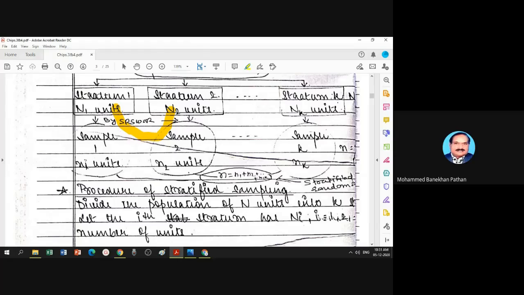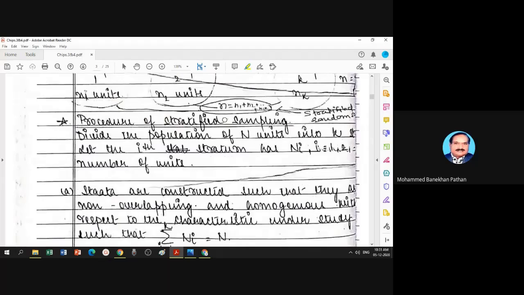So within strata, it is homogeneous. Between the strata, they are heterogeneous. So within is nothing but the simple random sampling method. Between is not allowed. So small n is n1 plus n2 plus dash dash plus nk. It is the combination of all these subsamples. What you get by making all combined together is named as a stratified random sample of size small n.